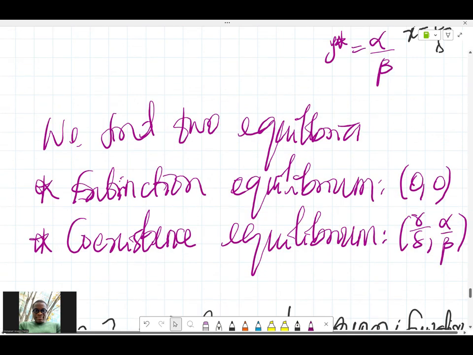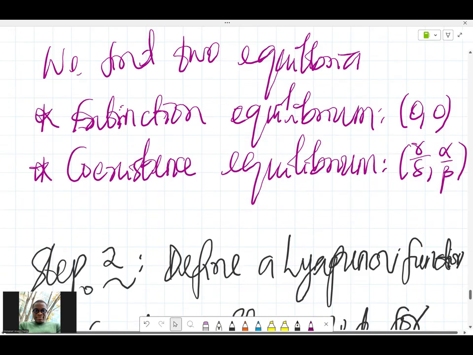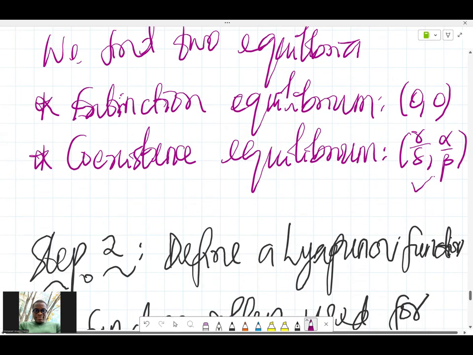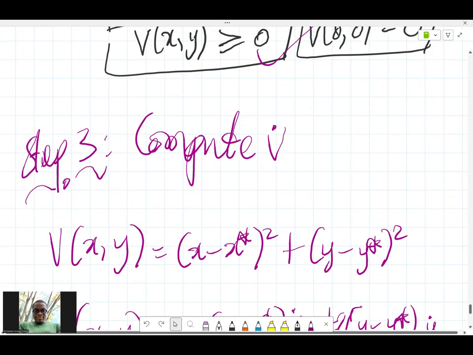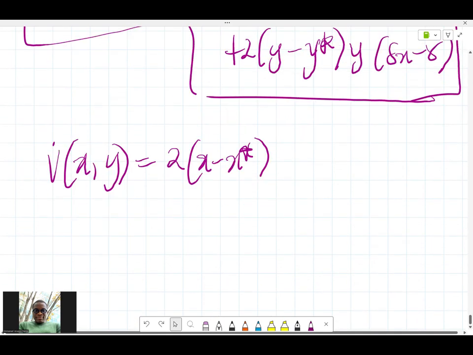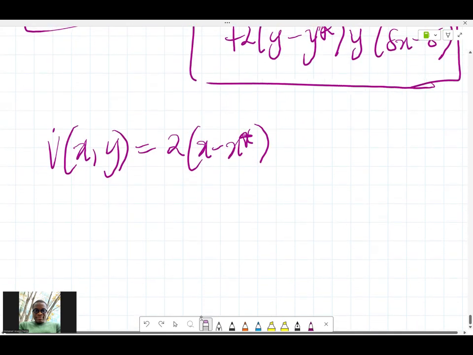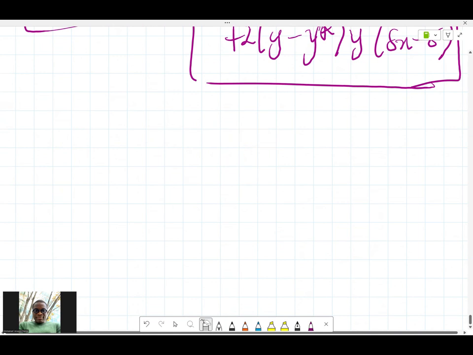To avoid wasting time, (0, 0) is not working, so we use the second one. Just put this for x* and y*, and then we can work around all this. Let me leave that alone and just make the conclusions that follow from here.